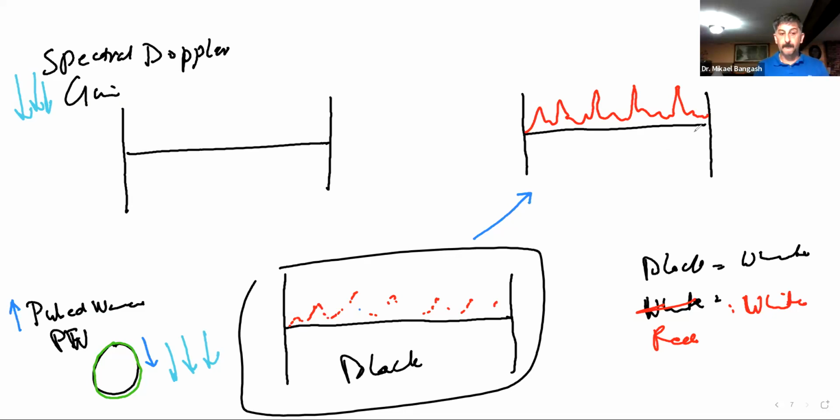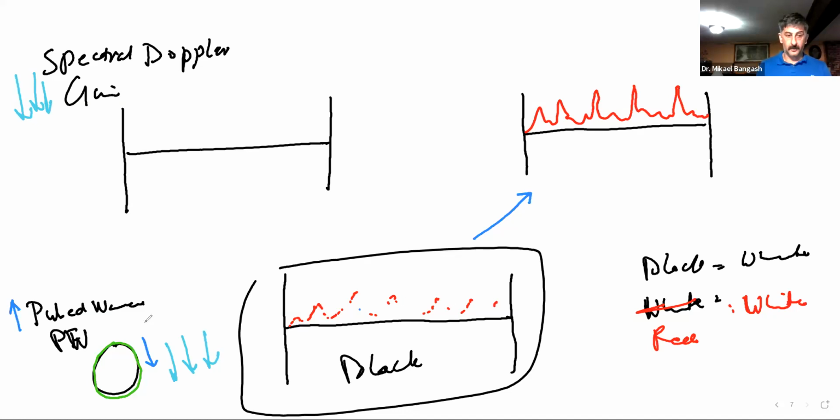You may say, well, why don't I see a spectral recording? I'm scanning the patient, I know my sample window is within the blood vessel, and the sample window is at the correct angle and all that. You made sure all those things were right, but you still didn't see a spectral Doppler recording, where you don't see your graph.